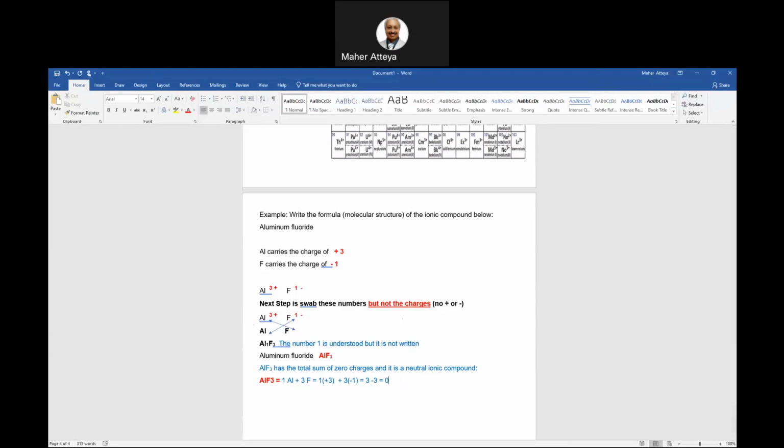We can verify. Now, we call aluminum a cation. Aluminum is called a cation. So aluminum now has a name. Here it is, Al, called aluminum metal. Aluminum metal, correct? Capital A, aluminum metal.